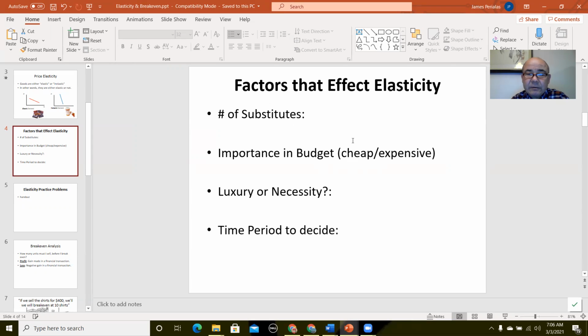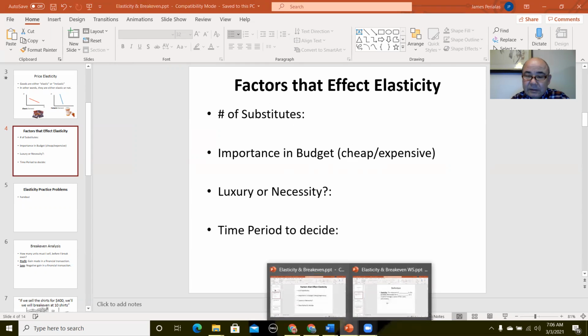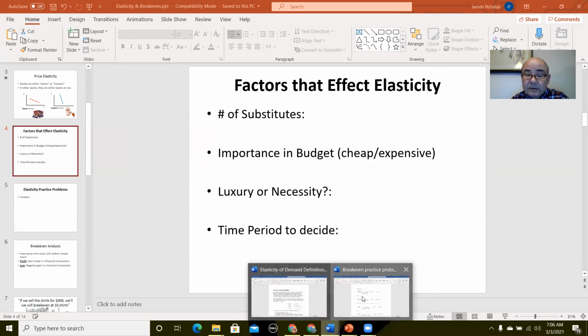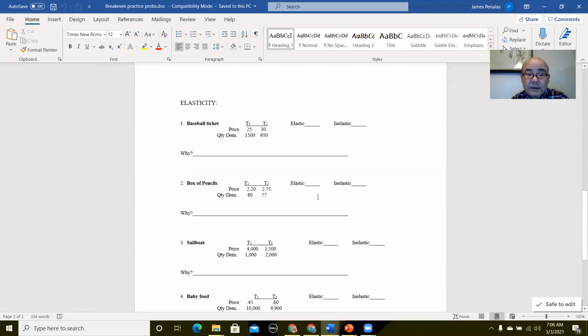This might be our answer right here. Luxury or necessity? I would not say pencils are a luxury item. People who need a pencil need a pencil. And so that's probably going to be our best answer, is either importance in the budget or a necessity. You could write either one of those right there.